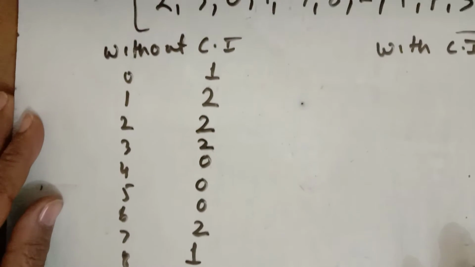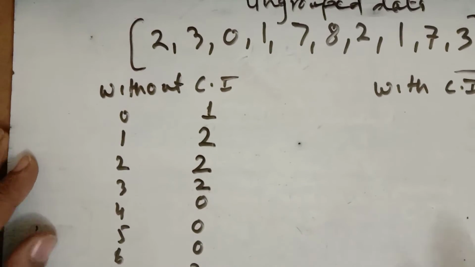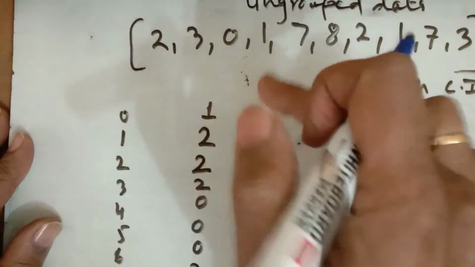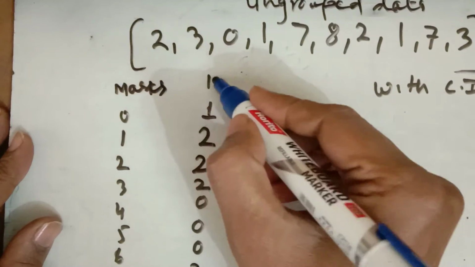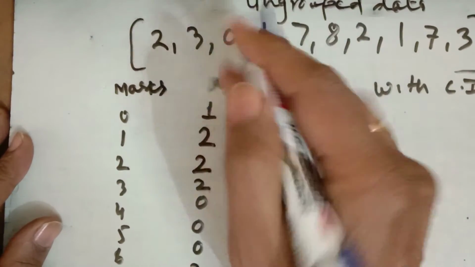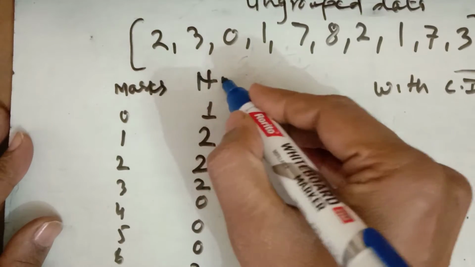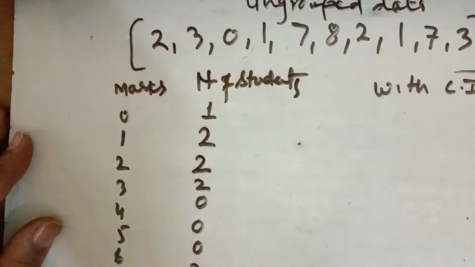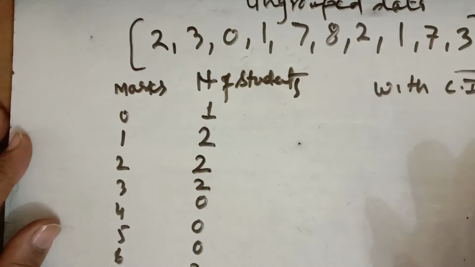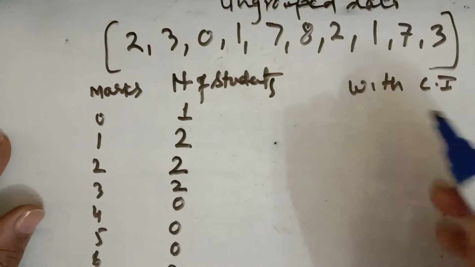So this is the grouped data without class interval. I write it like this: marks and number of students. I have converted this ungrouped data into grouped data without class interval.